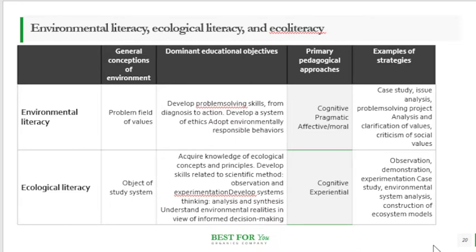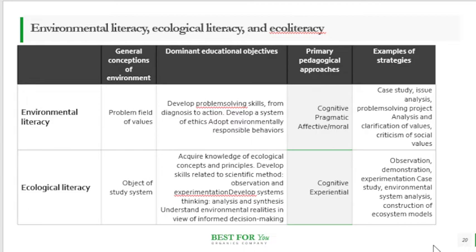The pedagogical approaches here, we've got cognitive, pragmatic, affective, and moral. And the examples of strategies, we've got case study, issue analysis, problem solving project analyses, and clarification of values, criticisms in or of social values.